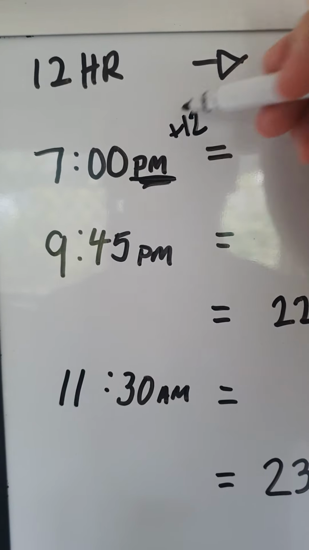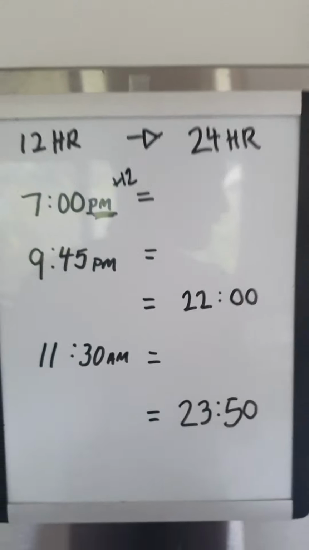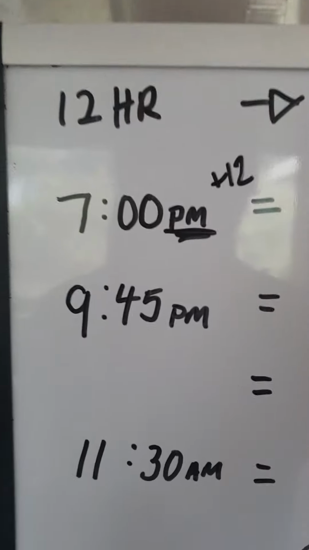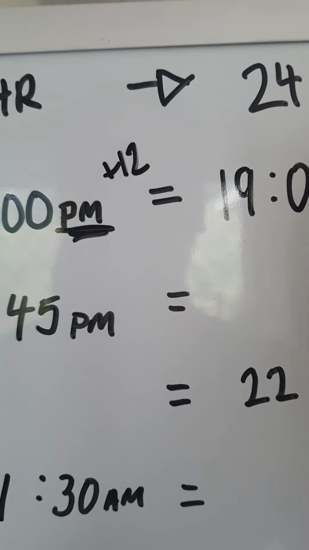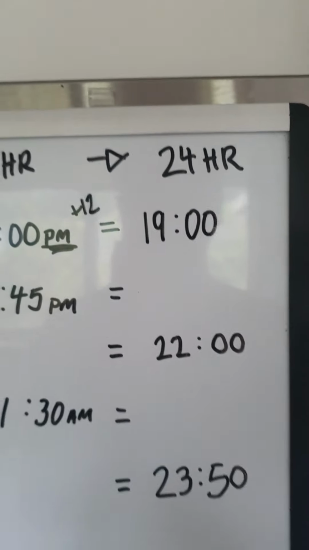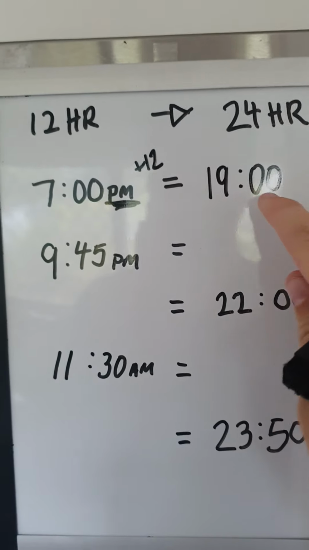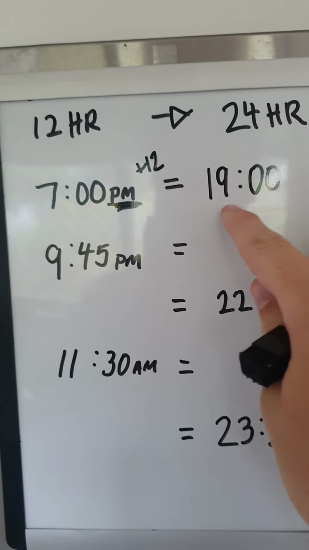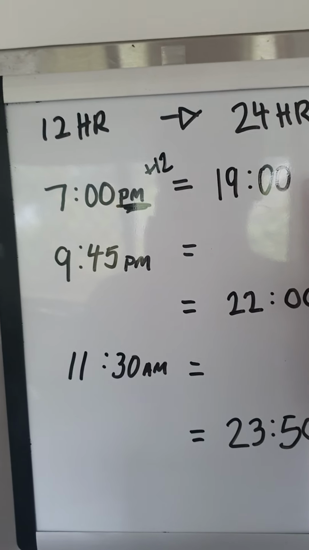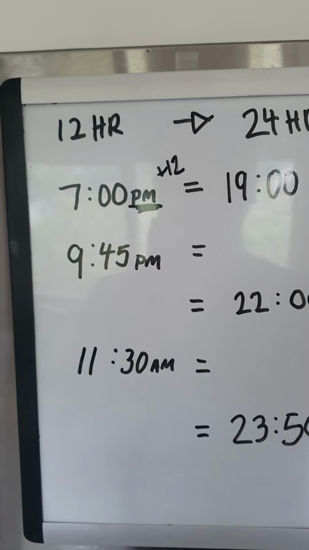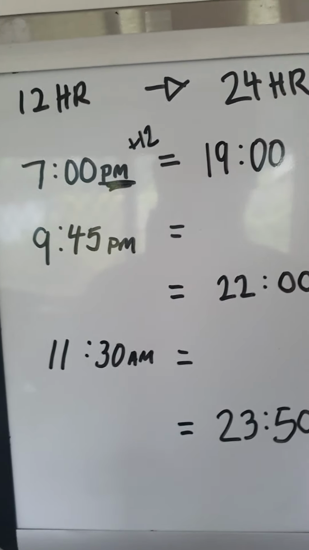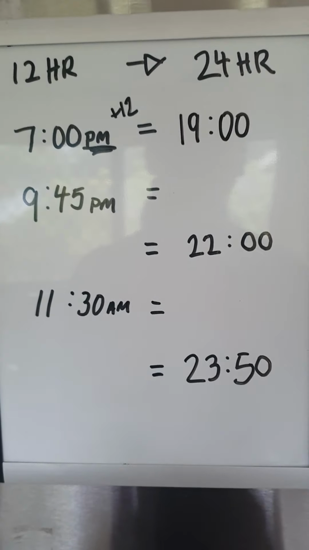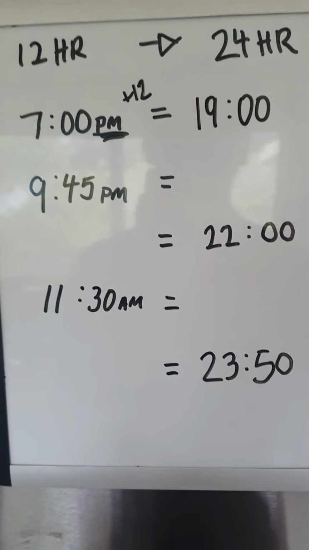So plus 12, that is going to become 1900. Because it's 24-hour time and each specific number has its own correspondence, you don't have to write AM or PM. It goes from 0000 to 2400. So you've got your midnight to midday.